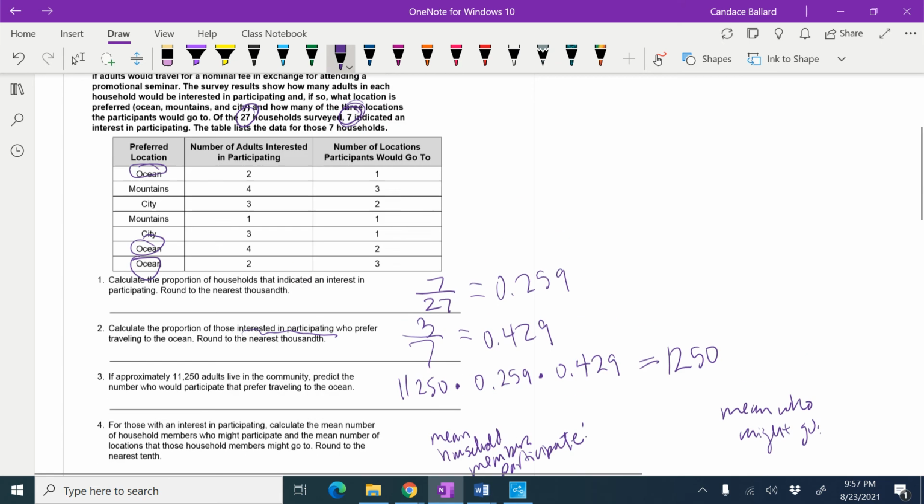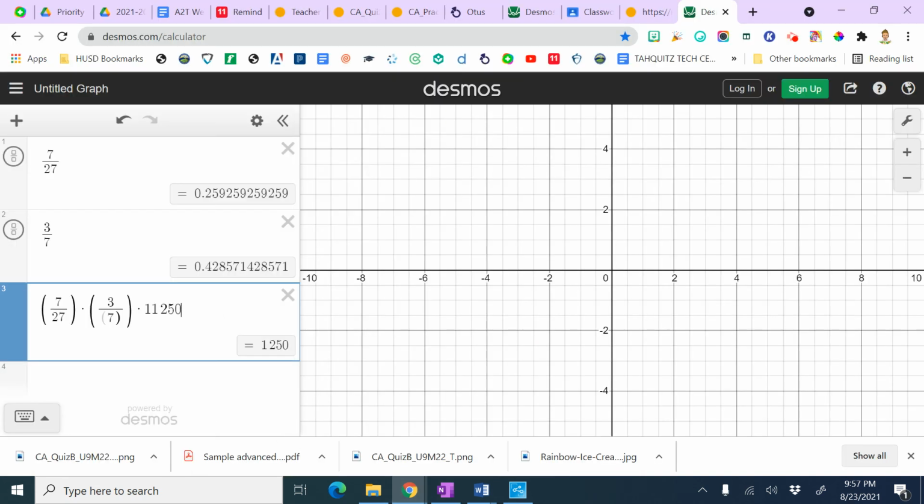All right, so the mean who would participate, we would just take these numbers right here and we would put them into a calculator and do the total. We add them all up and divide by the total. So let's go ahead and do that in Desmos together.